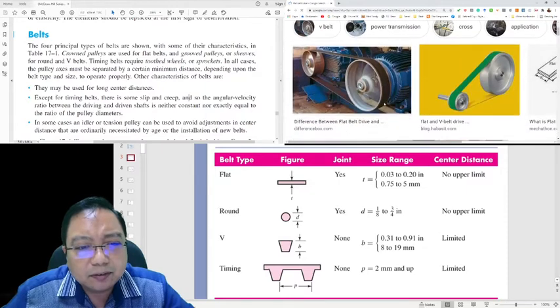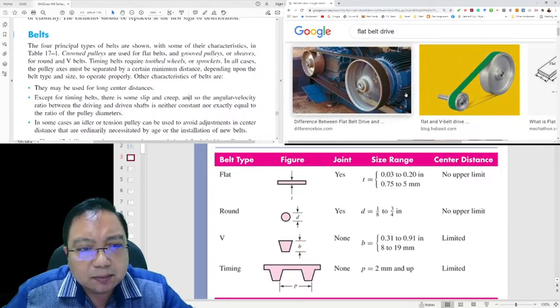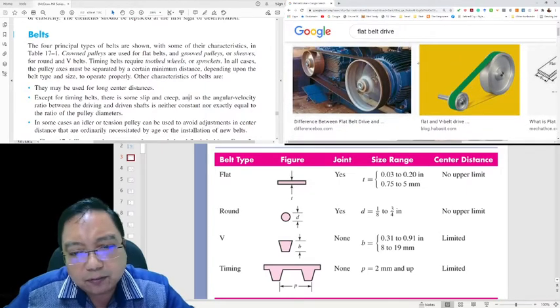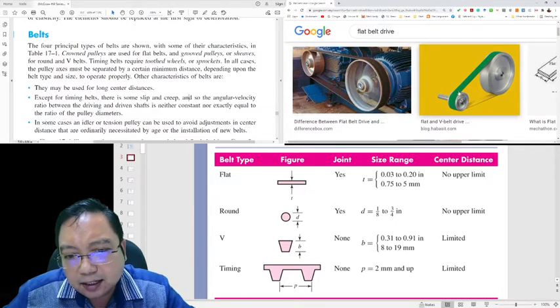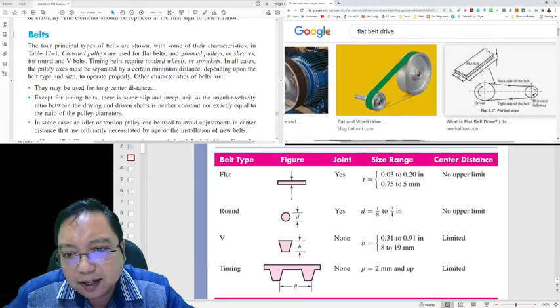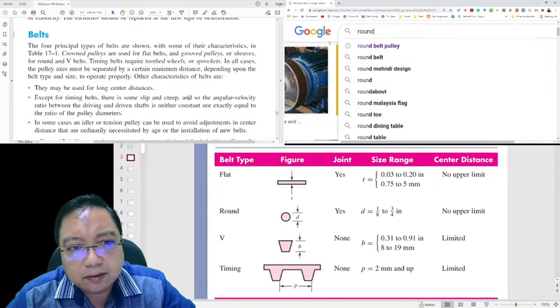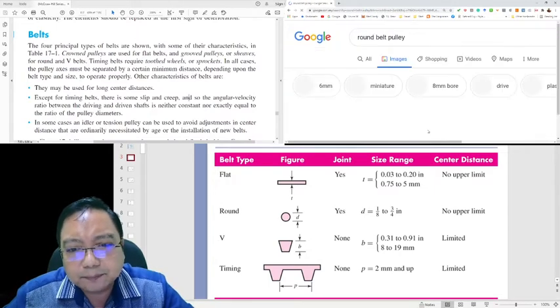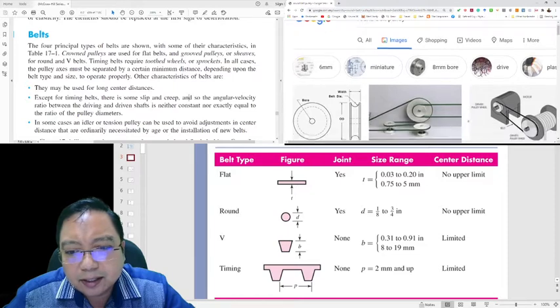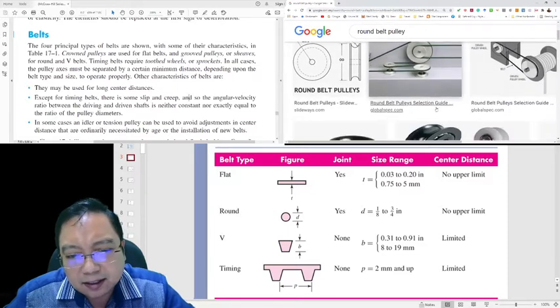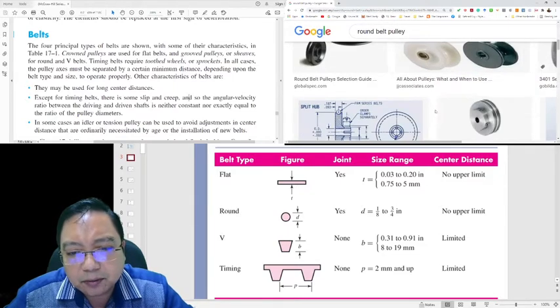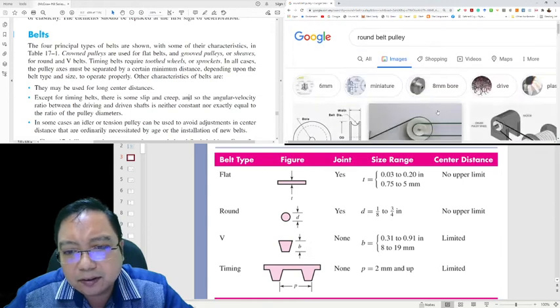Flat belt drive. This is some of the pictures of the flat belts. You can see the belt is flat. The characteristic of the belt is flat like this. This is a flat belt, and this is the round belt. Round belt pulley. You can see the belt itself is round.